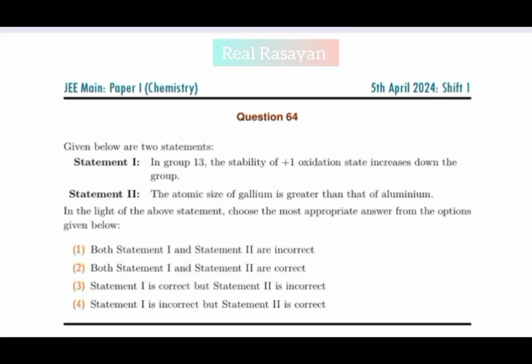Coming towards the next question, that is, given below are the two statements. Statement 1 is in group 13 the stability of +1 oxidation state increases down the group.